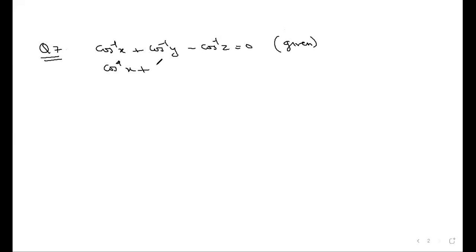Question number 7. Cos inverse of x plus cos inverse of y minus cos inverse of z is 0. This is given to you. First and foremost thing that you must do is keep this both on one side and take the other cos inverse z on the other side. अभी ये दोनों को ऐड करना है.